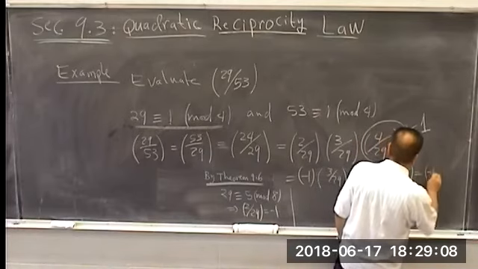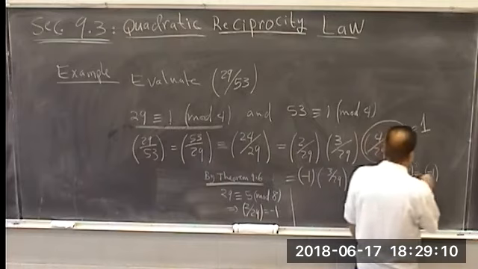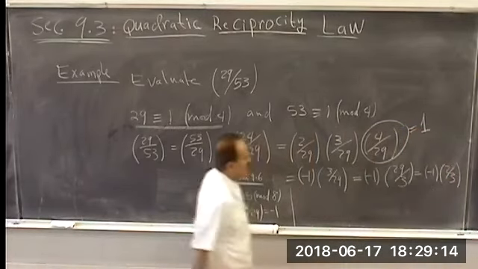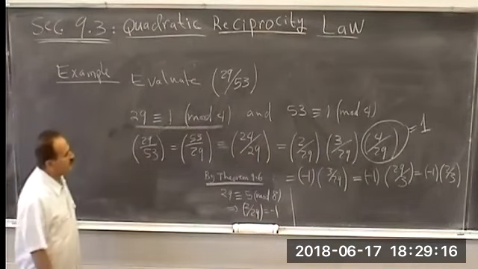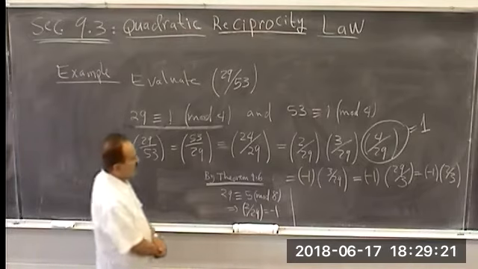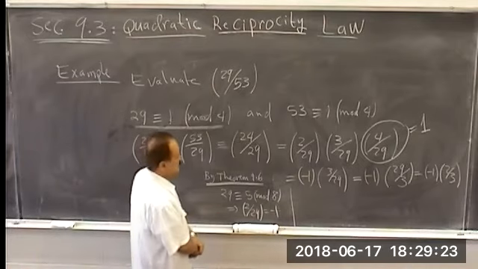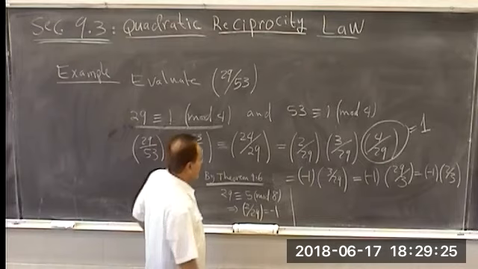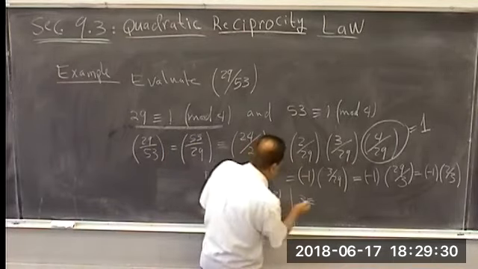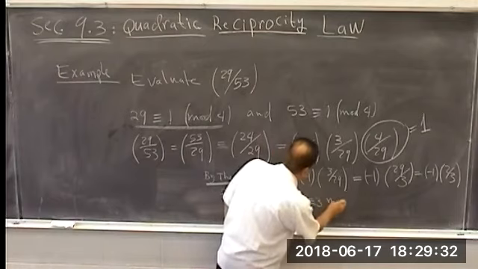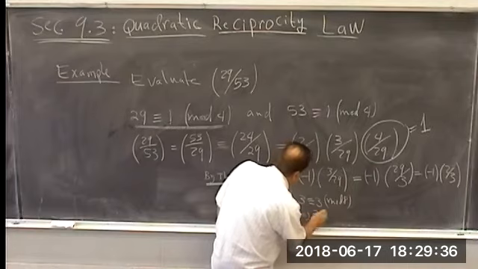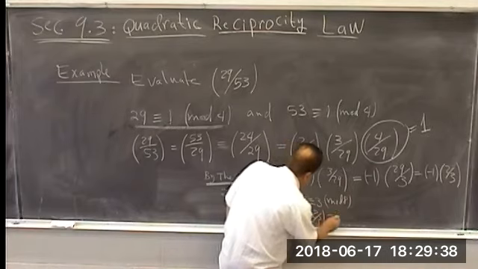So this is -1, and this becomes 2 over 3, removing 27 out of it. That's 27 is actually congruent to 0 mod 3. All right. So 29 becomes congruent to 2 mod 3. Now, again, by the same theorem, 3 is congruent to 3 mod 8, and again will give us the value of 2 over 3 also to be -1.